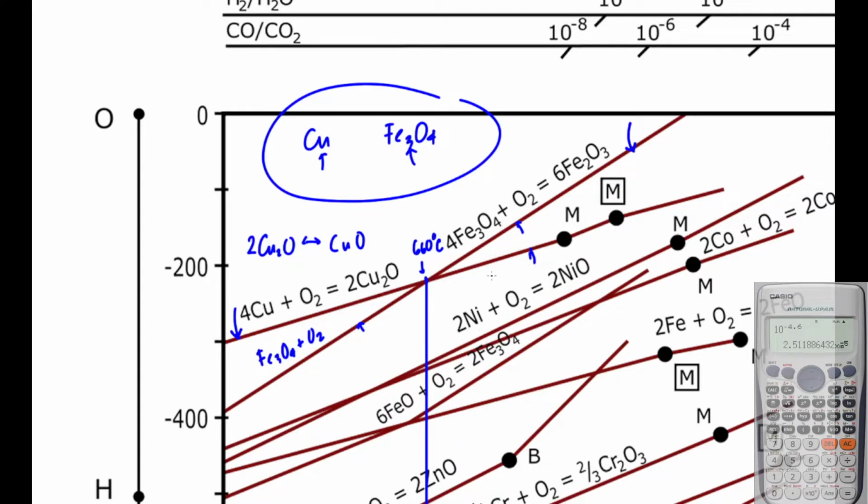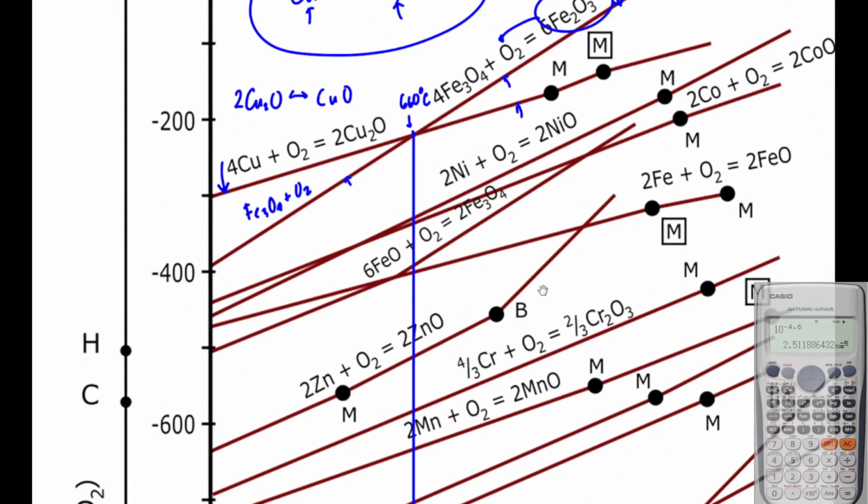So what this tells you is, beyond 660 degrees Celsius, the oxidation reaction of copper is more favored than the oxidation reaction of Fe3O4, which means that beyond 660 degrees Celsius, it is more likely that your copper will be oxidized, and therefore it acts as a reductant for Fe2O3 to be oxidized into Fe3O4. So reverse reaction sa taas. Okay, so if they were in a redox system now.